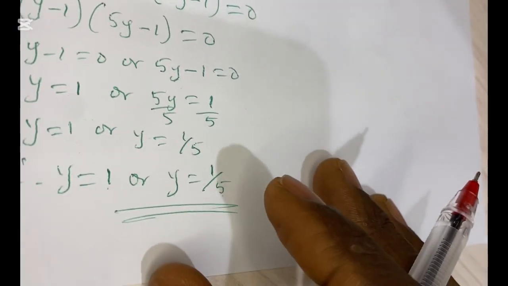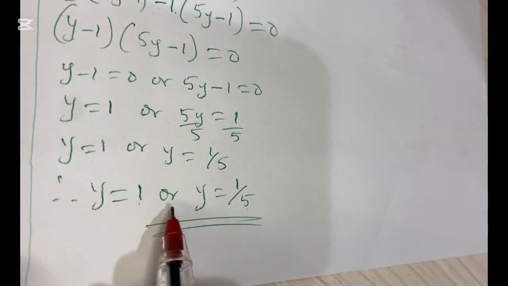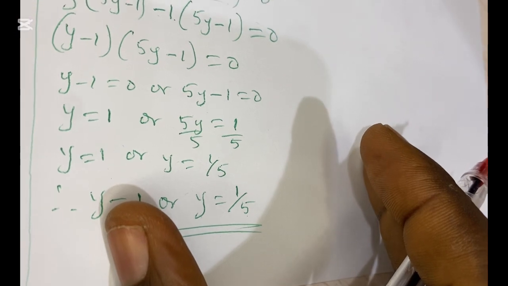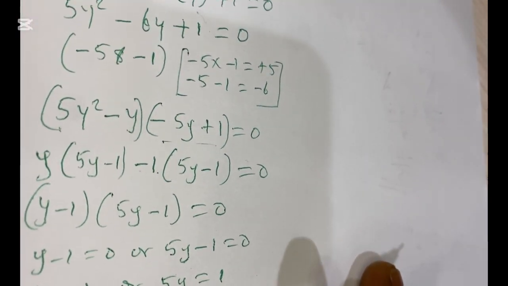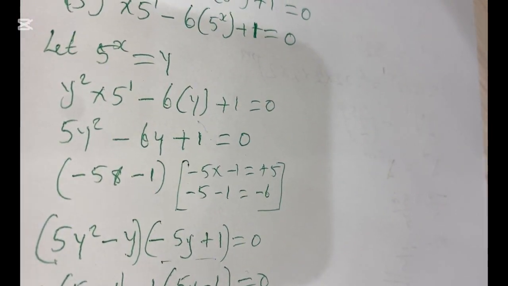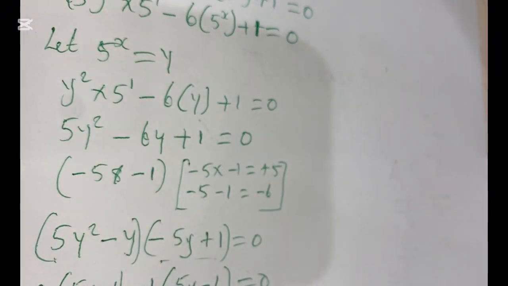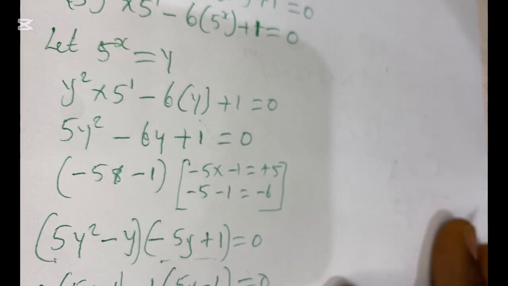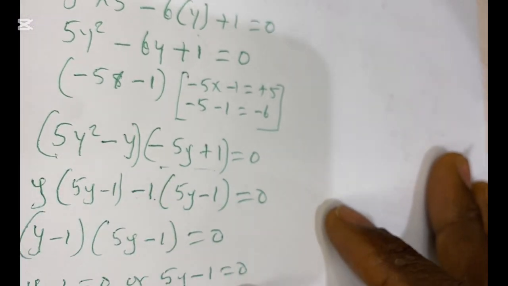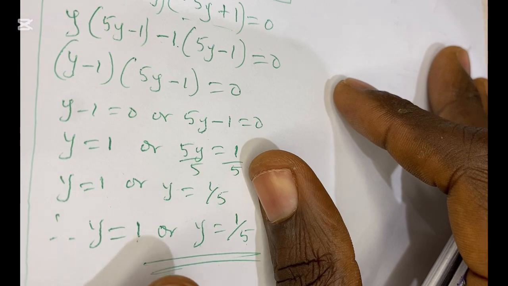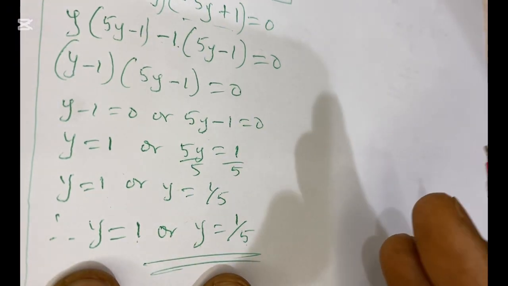All right, having seen that y is equal to 1 or y equal to 1 over 5, let's remember that we made an assumption. We assumed that 5 raised to the power x equals y. So anywhere we see y, we substitute 5 raised to the power x.